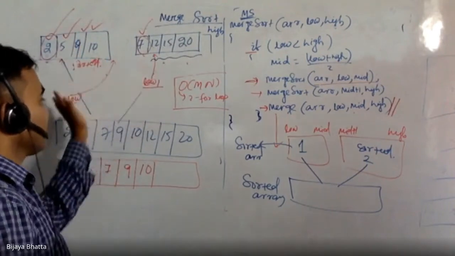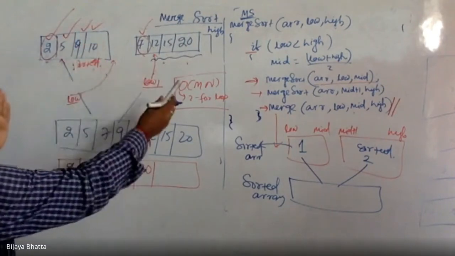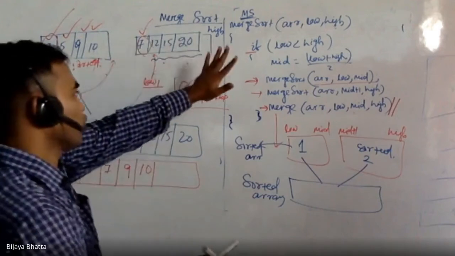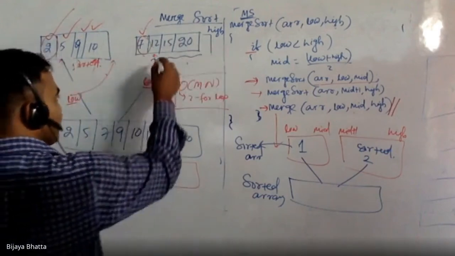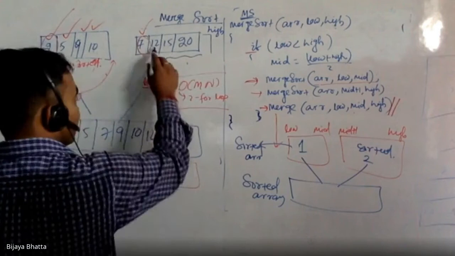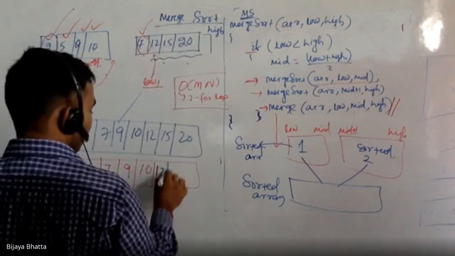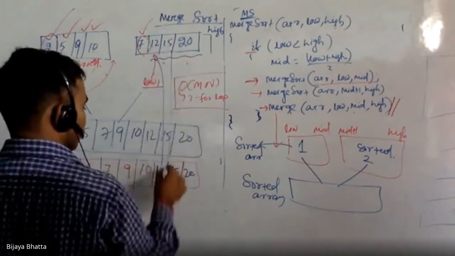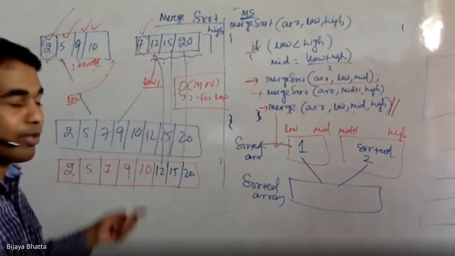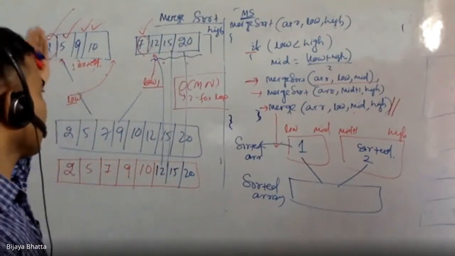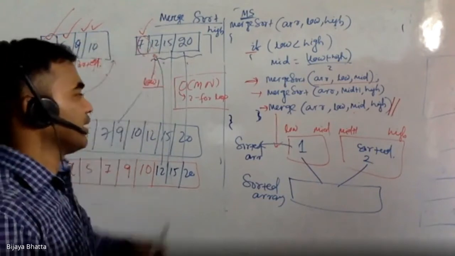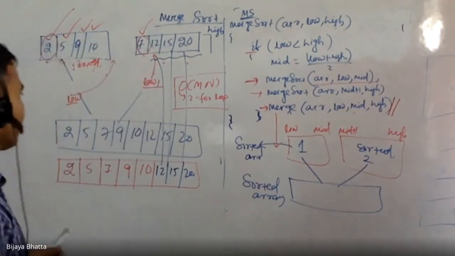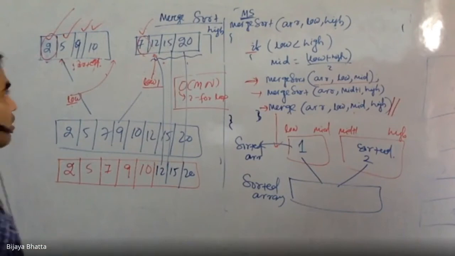The same can go the other way: there may be some other elements present here and all the elements are over. So I'll just copy this 12, 15, 20 as it is, because this is already in sorted form and there is no element in subarray 1 which needs to be compared with this one. So that's how this particular merge works.